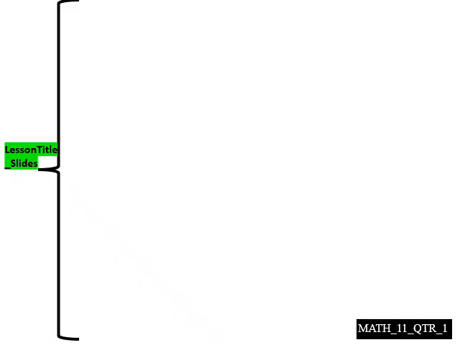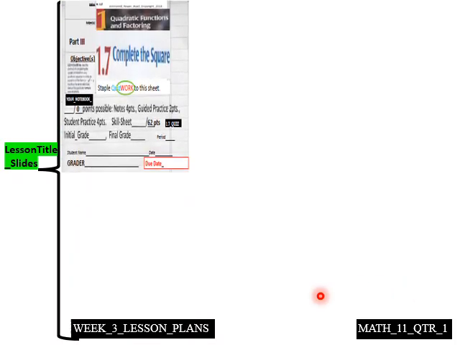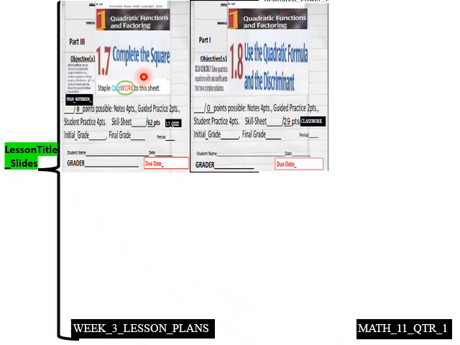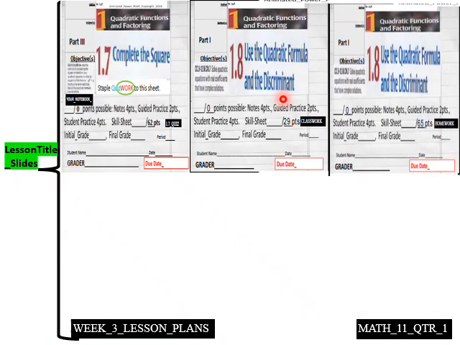And then moving on here in week 3, our lesson plans for 1.7 complete the square, and you get your quiz here for 1.7, worth 62 points. Then we move on to 1.8 part 1 classwork, 29 points, using the quadratic formula and the discriminant.